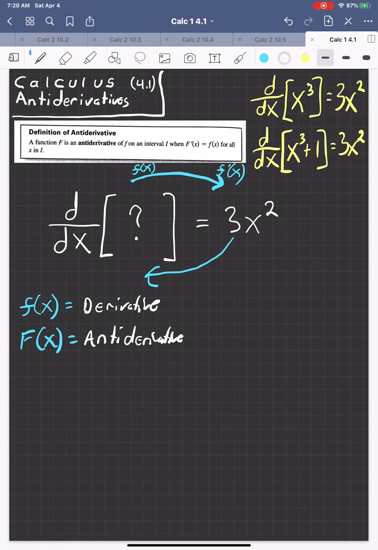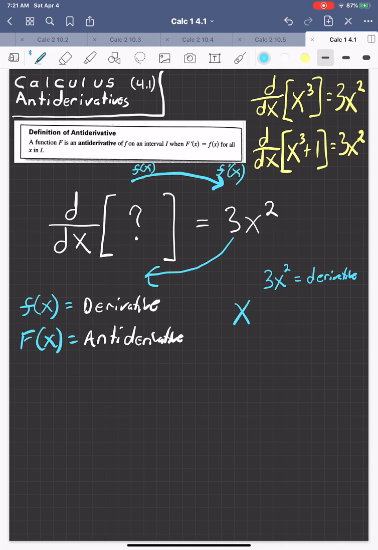So using the previous problem, we would say that 3x squared is the derivative. And now, note the use of language here.